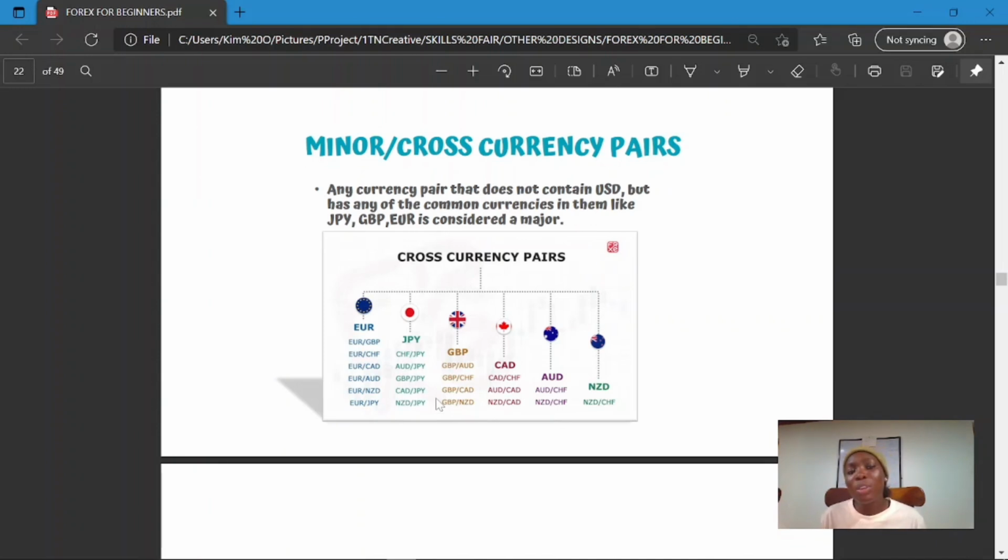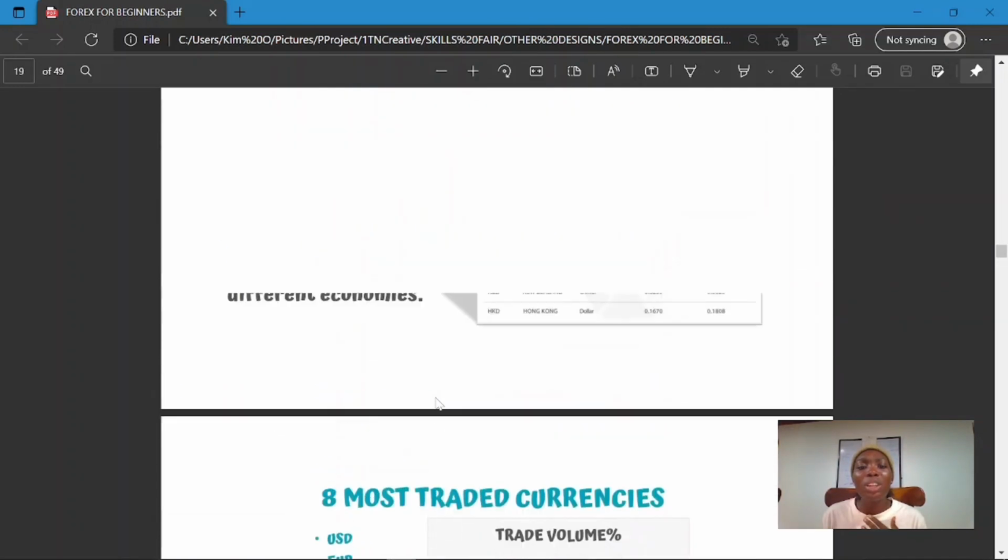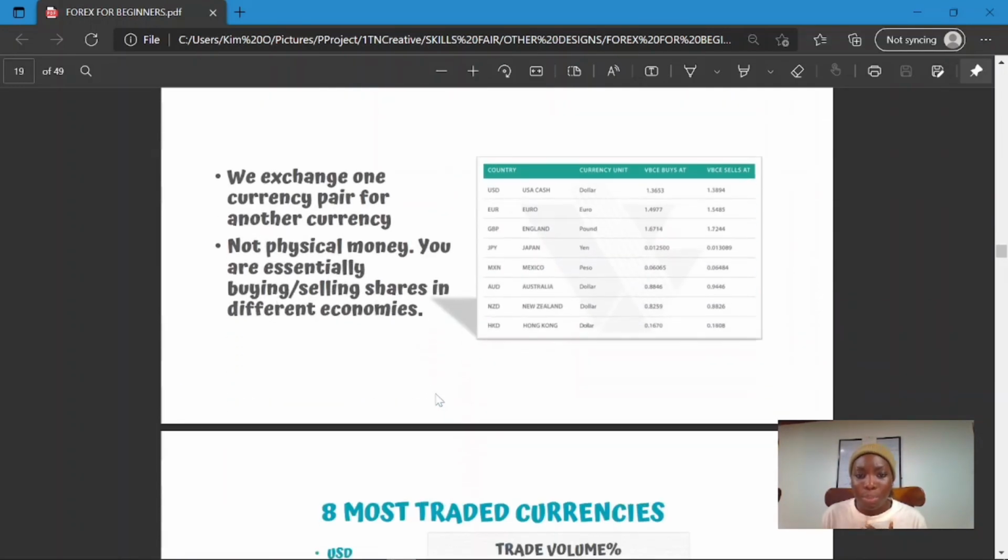The next set of currency pairs are the exotic currency pairs. Those ones are currency pairs that are coming up from emerging economies, right? We have the South African rand, the Mexican peso, the Singapore dollar, the Hong Kong dollar. I came up here so that we can see some of them. These are exotic currency pairs.